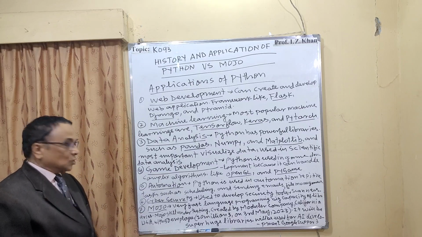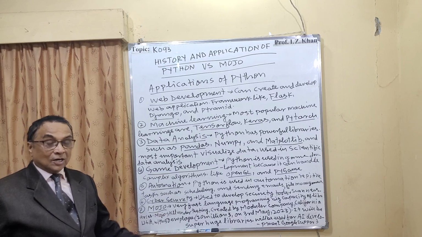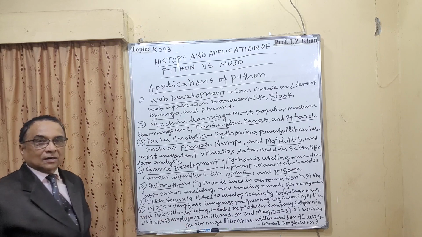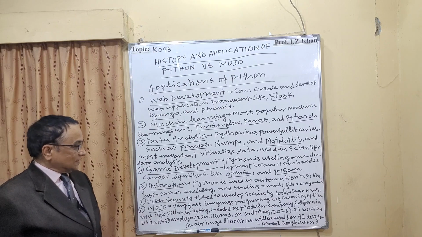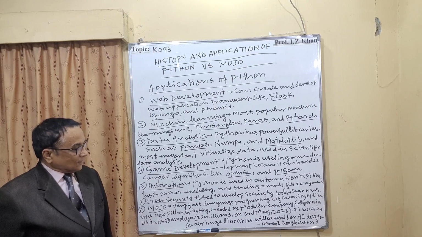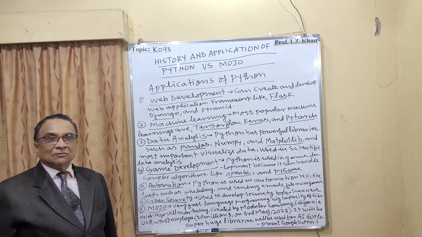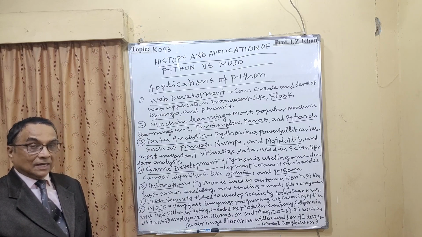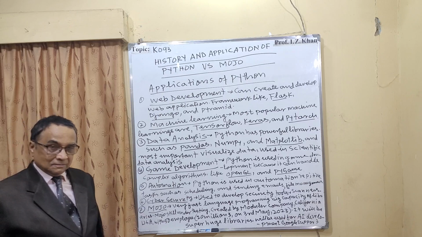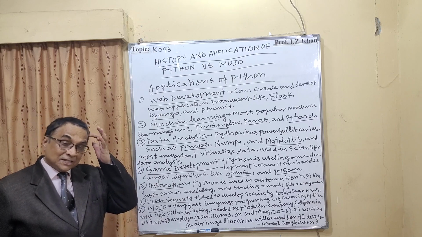Number 7, MOJO. I have already told you a lot about MOJO, that it just came on 3rd of May. It is a very fast programming language, and they are mentioning that it will be 35,000 times faster than Python, and also they are saying it is going to kill Python, so competition is going on, let us see.